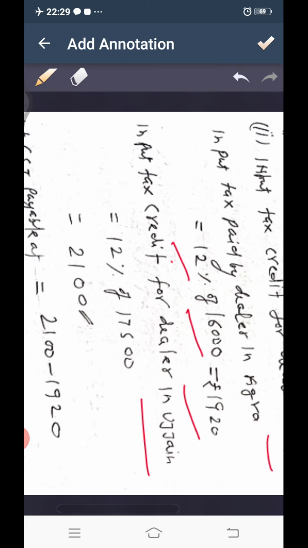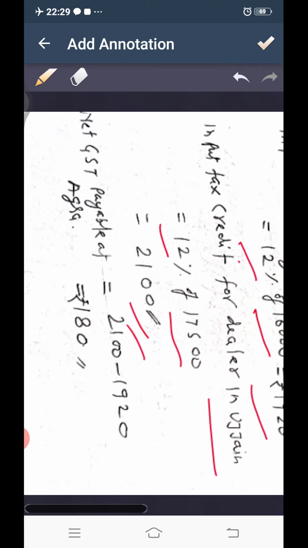So that dealer, how much he paid? 12% of 17,500. Dealer in Ujjain purchased for 17,500. So he will pay 12% of 17,500. So 2,100 rupees. This much will be input tax credit for dealer in Ujjain.